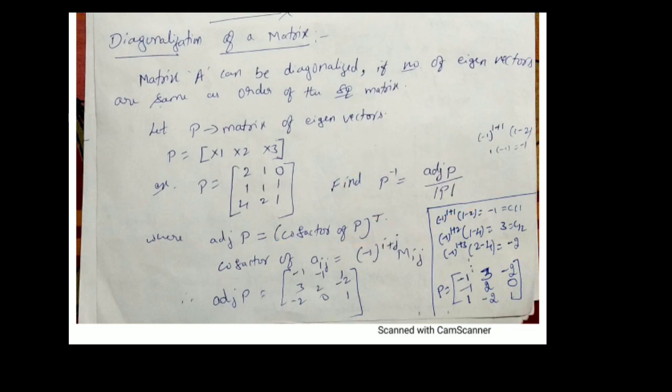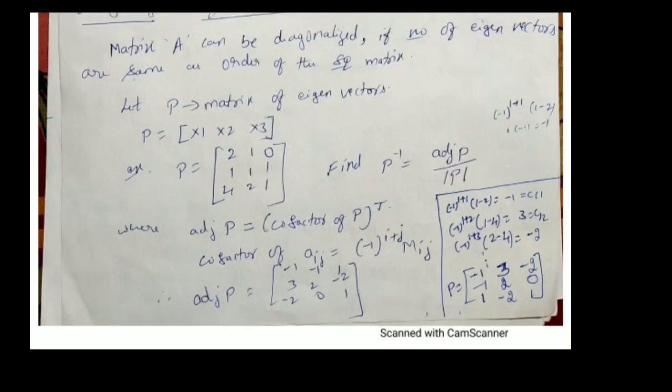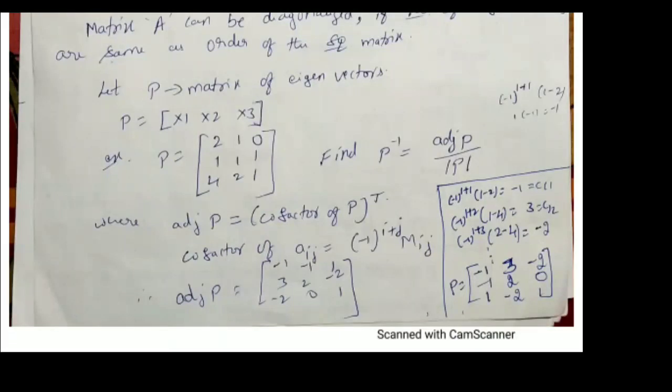Already we have seen how to obtain the cofactor of P. Cofactor of P can be obtained as shown here. This is the given matrix, and for each and every element we can get the cofactor value. For the first element, the cofactor is represented as C11, which is obtained as minus 1 to the power 1 plus 1.